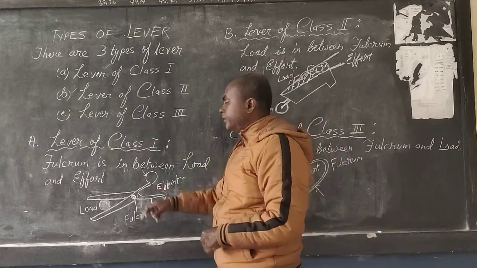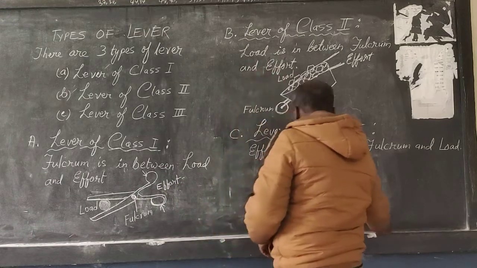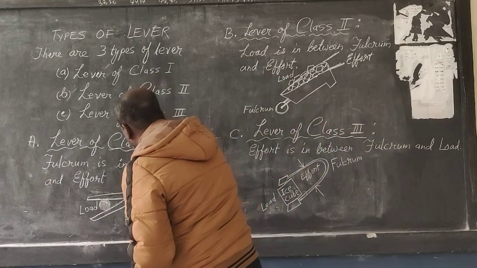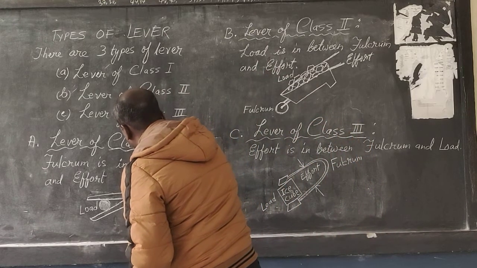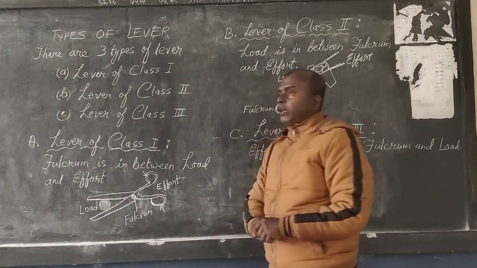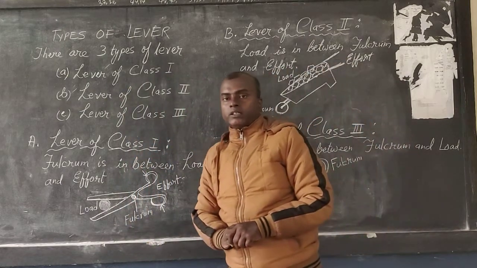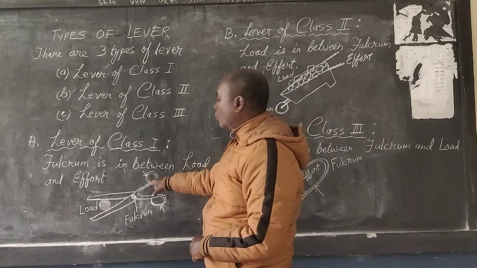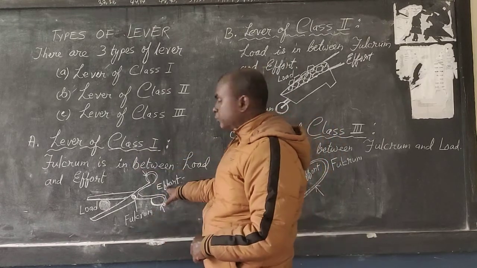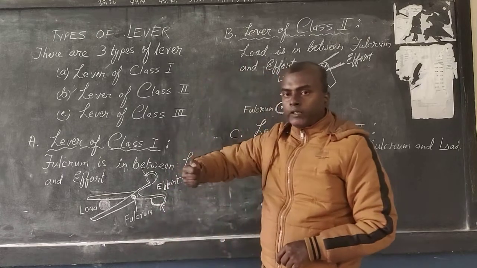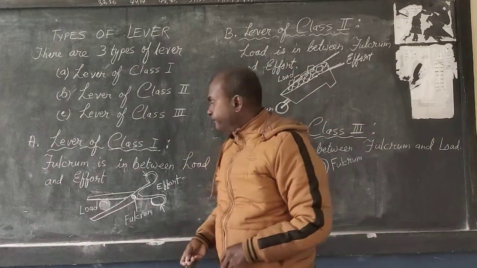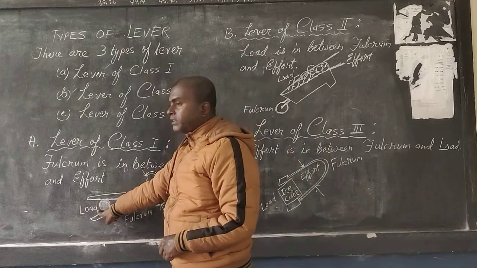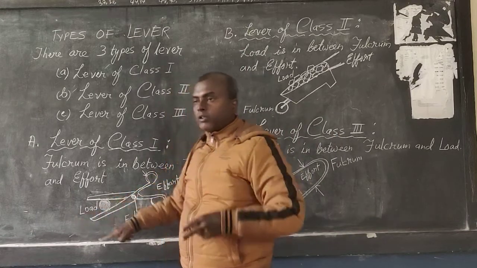And I have drawn over here a diagram of a pair of scissors. Now everybody knows scissor, common language, kanchi. Here is the point where we hold it in our fingers. So obviously with our fingers we are going to apply the effort. This is the object which the scissor is going to cut.